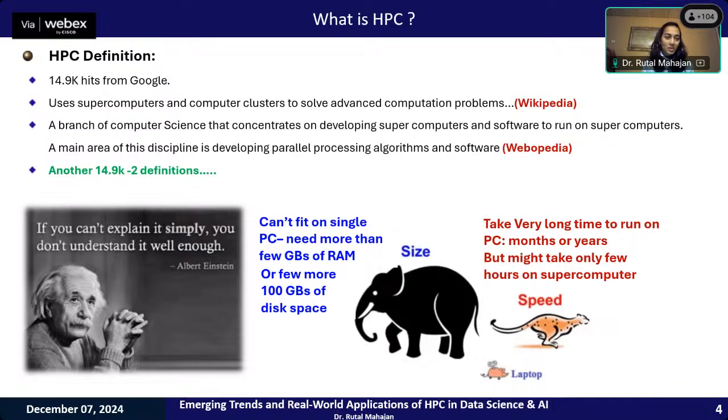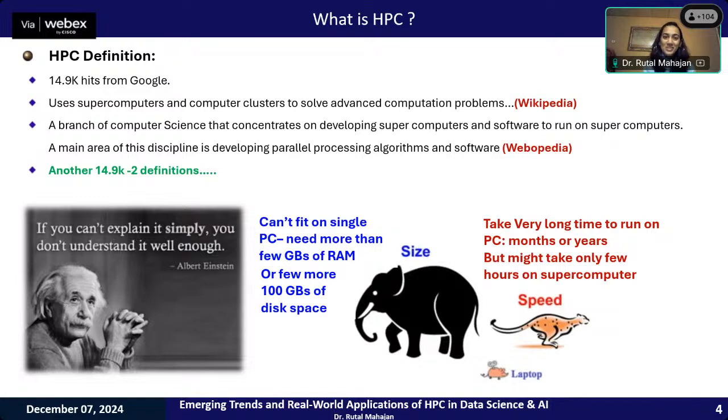That's the Wikipedia definition. Or, the branch of computer science that concentrates on developing supercomputers and software to run on supercomputers, where the main area of this discipline is developing parallel processing. These are the various definitions that we can see over the internet.